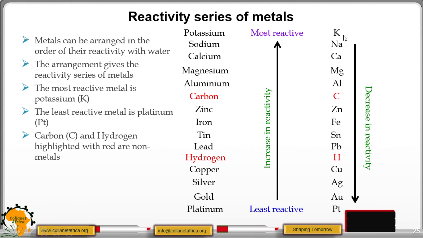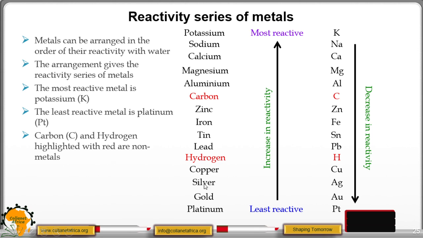And this is potassium. It's the most reactive. This represents the word and this represents the symbol of those elements. So carbon is a non-metal, hydrogen is a non-metal, and all the others are metals.